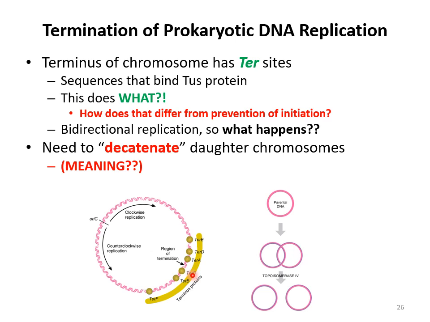Now, when you have this occurring and you have termination, what you see here is, because it was bidirectional and it's ending over here, and circular DNA because it's prokaryotes, you have this tangled connection of the daughter chromosomes. And so, what you need to happen at the end of this termination is you need to decatenate these daughter chromosomes.